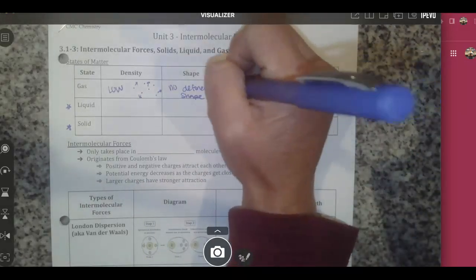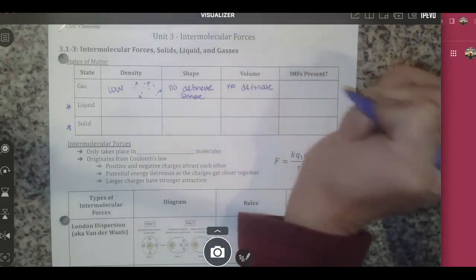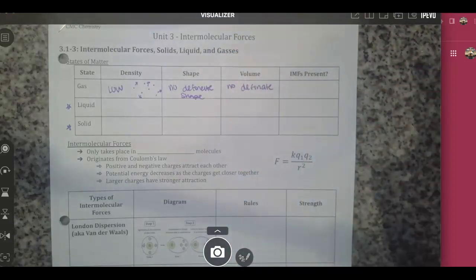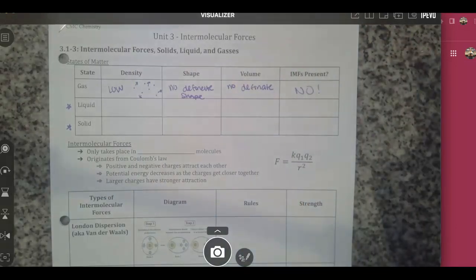But in general, there is no definite volume either. And why is this? This is because they actually have no intermolecular forces. There's no forces holding these gas particles together, right? So they're floating around as their individual molecules.